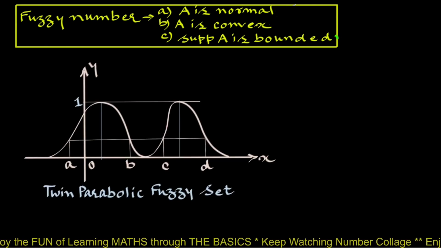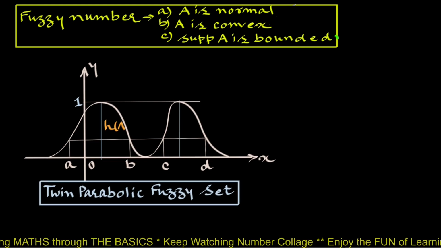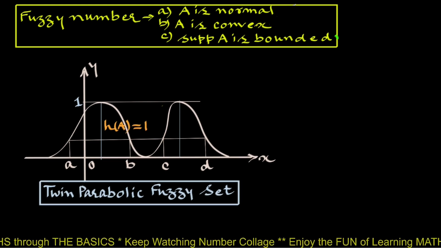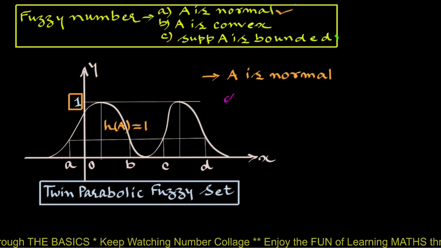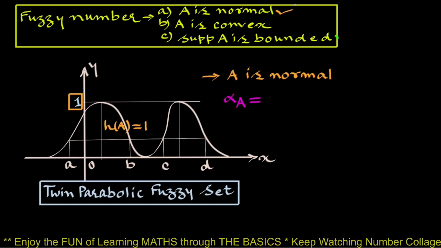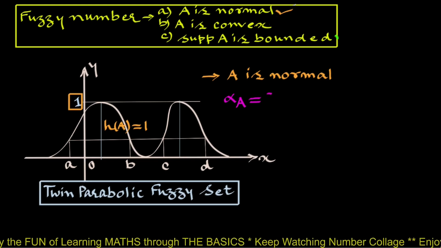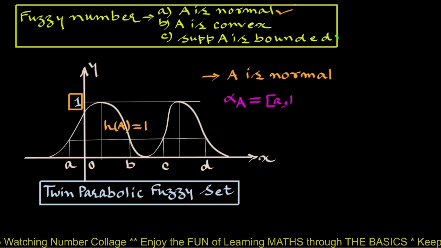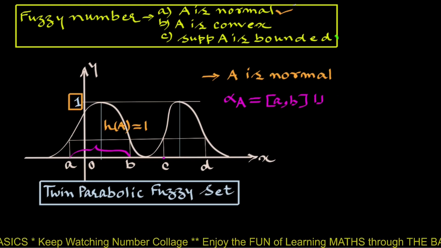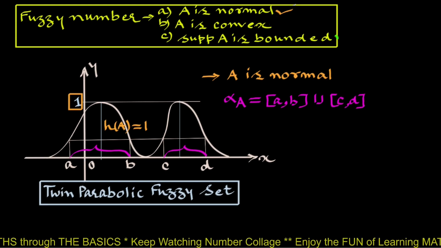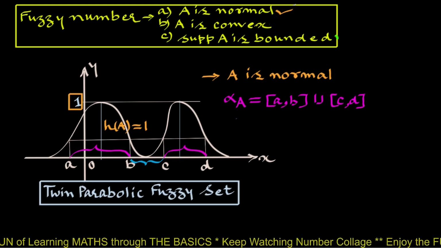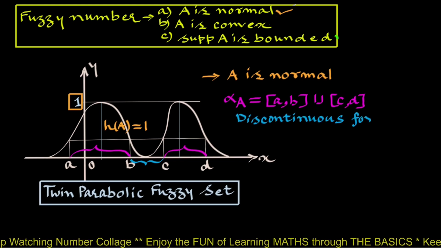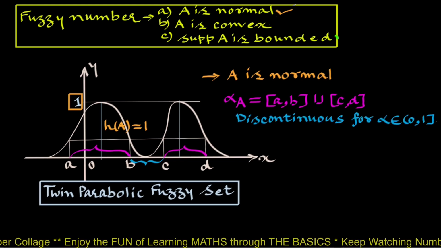In a twin parabolic fuzzy set, height of fuzzy set A is 1, implying A is normal, but alpha cut A, which is a union of two disjoint sets, closed interval a comma b and closed interval c comma d, with a break between b and c, is discontinuous for alpha belonging to open 0, closed 1.